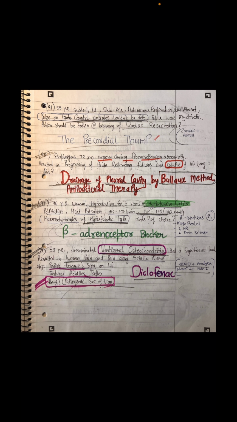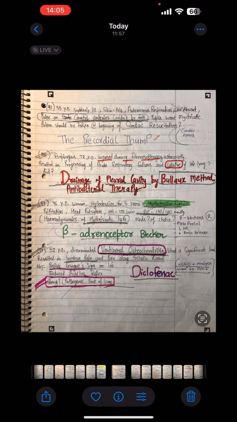So you are going to mark the pericardial thump, that is, thump the cardiac region of the patient, after which the patient's condition is going to improve.